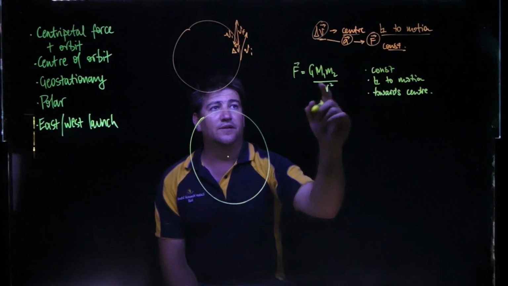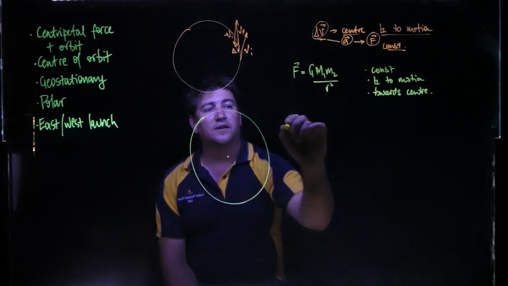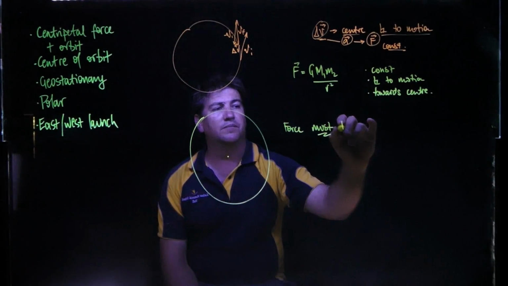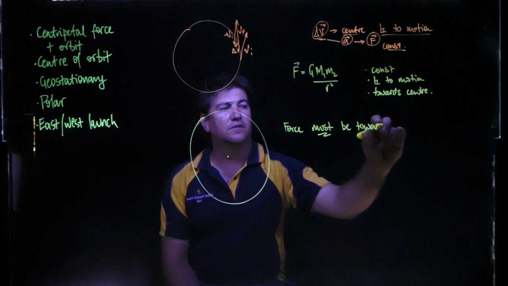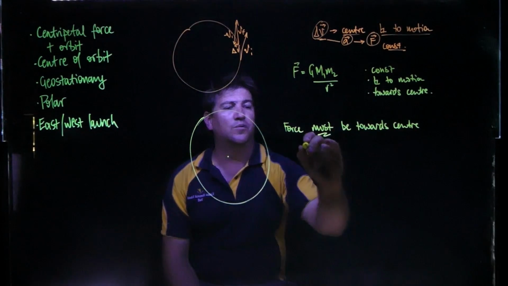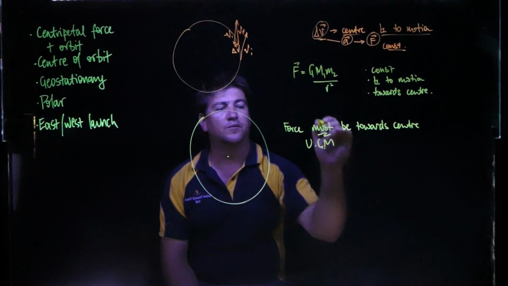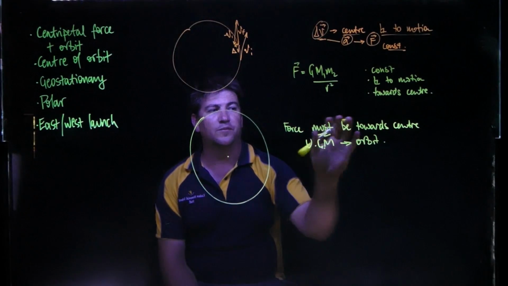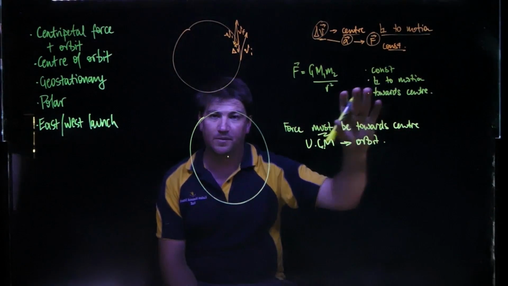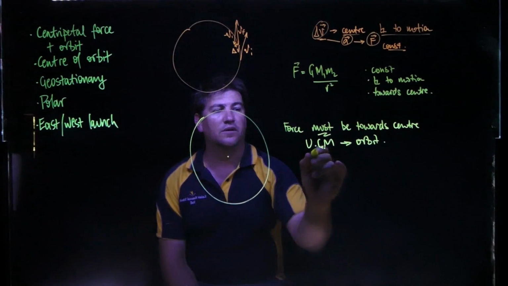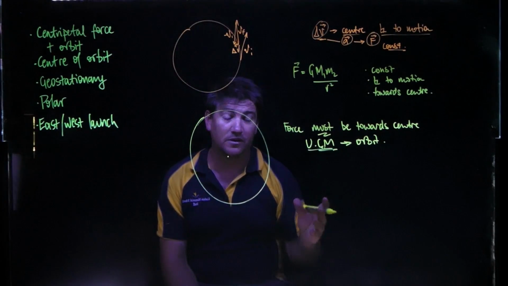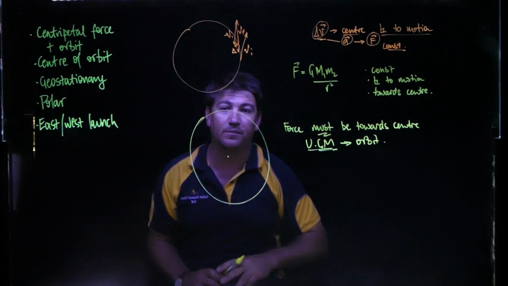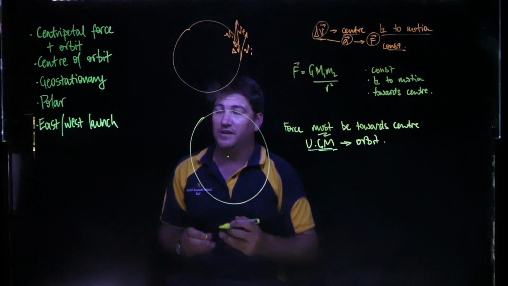What it means is that this force that's directed towards the centre must be towards the centre of the circle for UCM, uniform circular motion, which means it can actually orbit. Without this, without the force being towards the centre of the circle, without it being constant, without it being perpendicular to the motion of the satellite, it will not undergo this. It is not undergoing uniform circular motion, it's gone non-uniform, which isn't a satellite anymore, that's just something whizzing around the Earth, likely to crash into Earth.